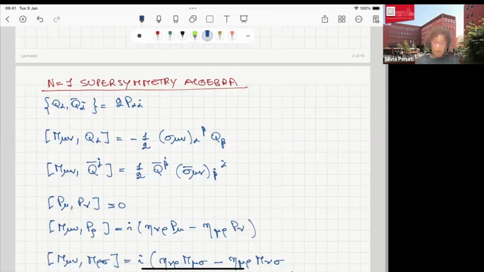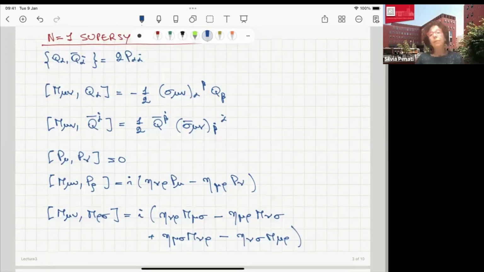Why I said that this is our main character today, because now what I'm going to do is, first of all, try to understand how many physical properties I can grasp concerning particles which transform in a particular way under the action of these generators, properties that I can infer directly from the algebra itself.